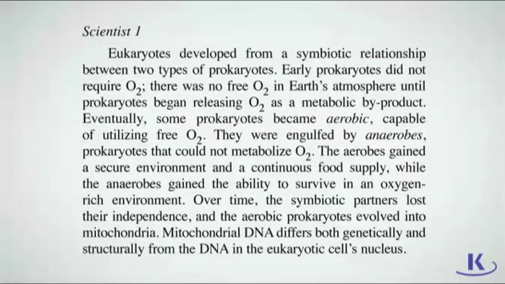The aerobes gained a secure environment and a continuous food supply, while the anaerobes gained the ability to survive in an oxygen-rich environment. Over time, the symbiotic partners lost their independence, and the aerobic prokaryotes evolved into mitochondria. Mitochondrial DNA differs both genetically and structurally from the DNA in the eukaryotic cell's nucleus.